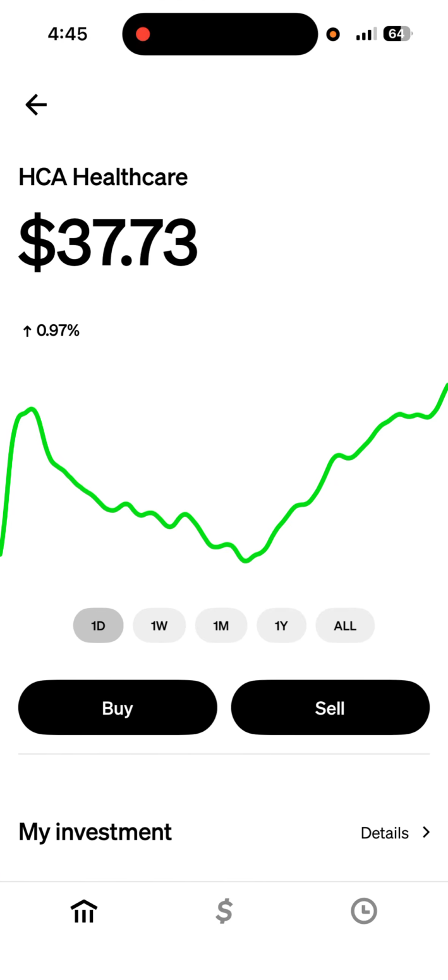If we click on it, it shows the total value, which is $37.73, which is the total value if I was to sell my shares or sell my stock.